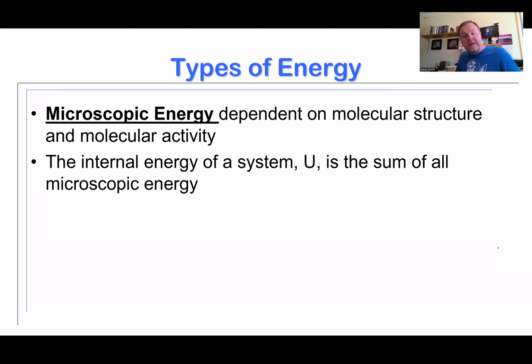So you have internal energy of a system, that's capital U. That is the sum of all of the microscopic energies. And then how I would draw specific internal energy, that's lowercase u. I have learned over the years to put little hats on my uppercase U. I try to do that. I'm not perfect at doing it.